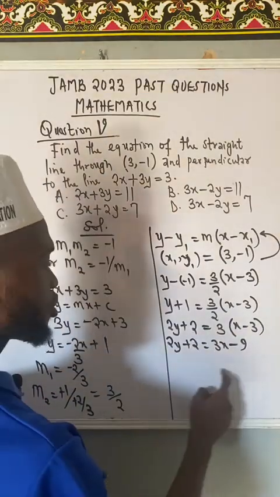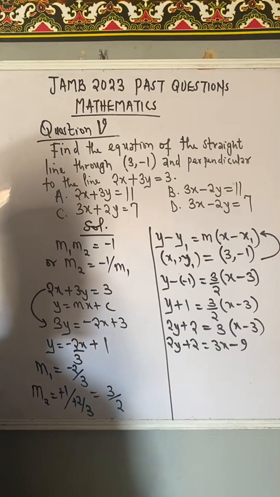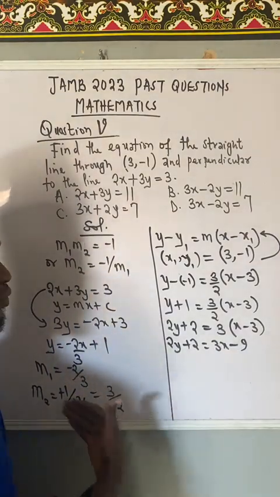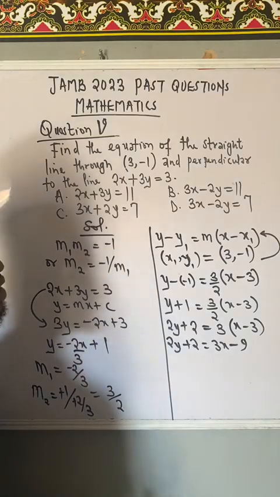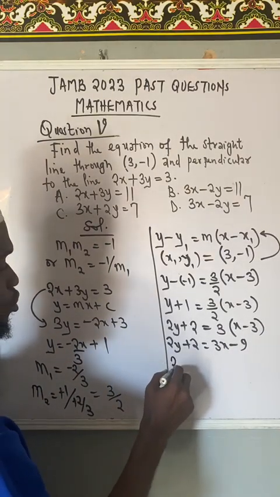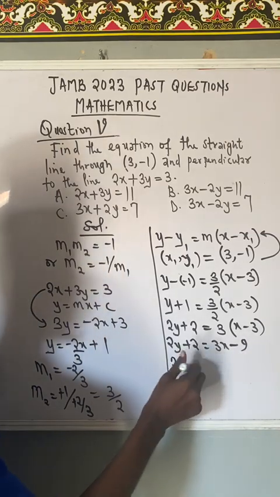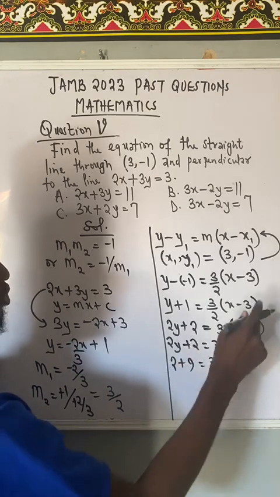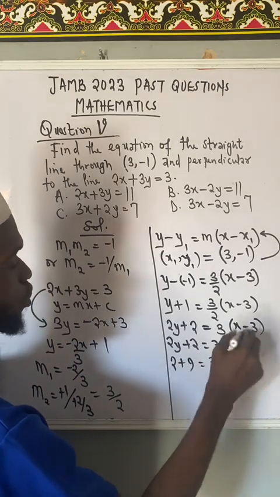Now, from here, let us collect like terms. So let the ones with letters be on one side and the ones without letter should be on one side. Let's move this 2y to this side. So moving this to this side, you have 2 plus 9 equal to 3x. Moving this to this side, you have minus 2y.